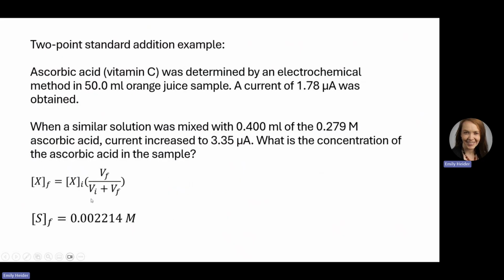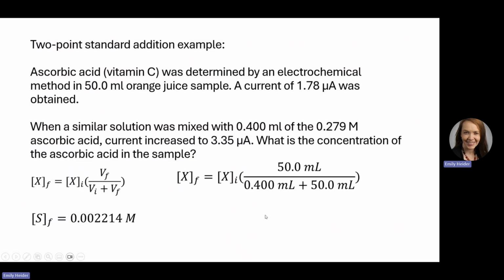What's next? Well, what's next is we can think about that same logic for the ascorbic acid in the orange juice. The final ascorbic acid concentration in the orange juice that was endogenous, already present, is going to be the initial times its dilution factor, since we also diluted that by adding standard to it.